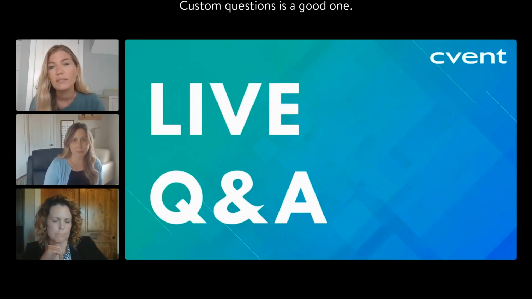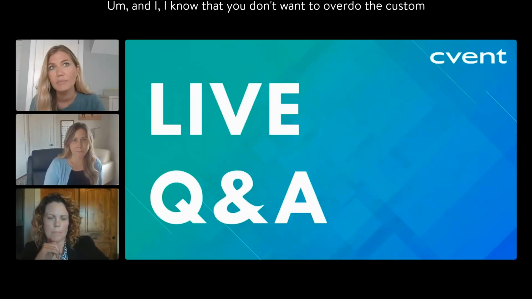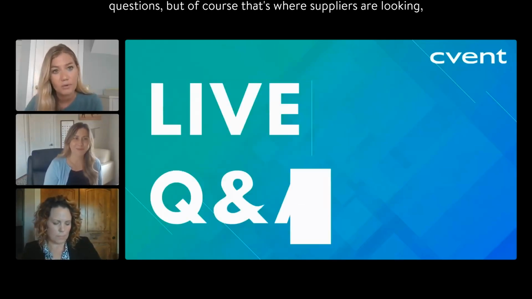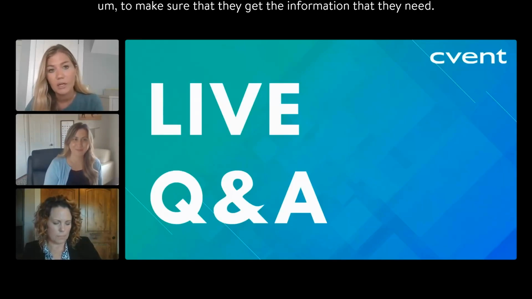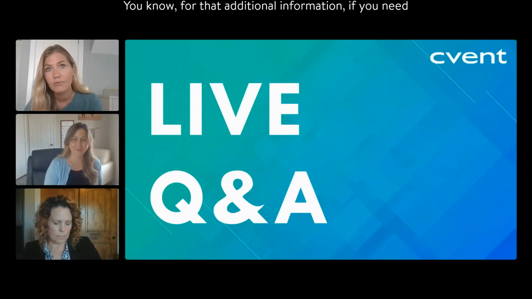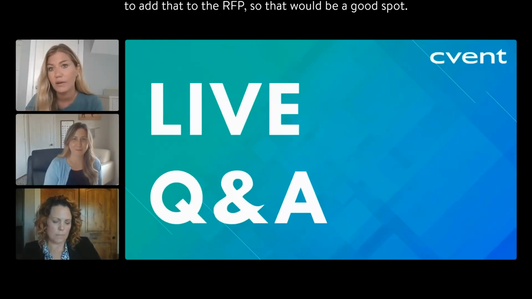Yeah, custom questions is a good one. And I know that you don't want to overdo the custom questions, but of course that's where suppliers are looking for that additional information if you need to add that to the RFP. So that would be a good spot.